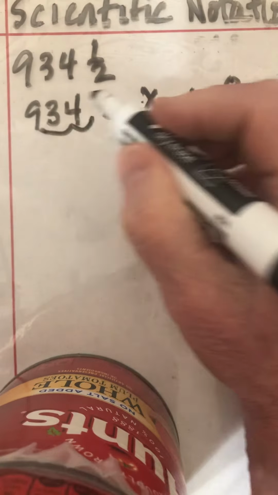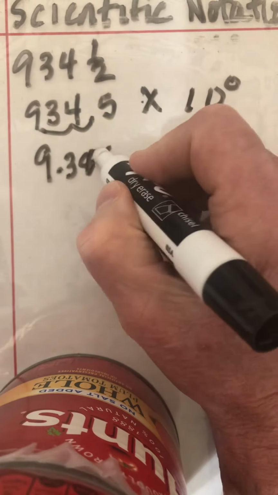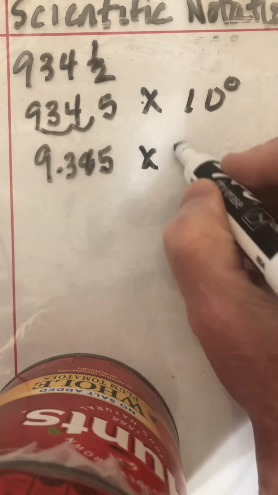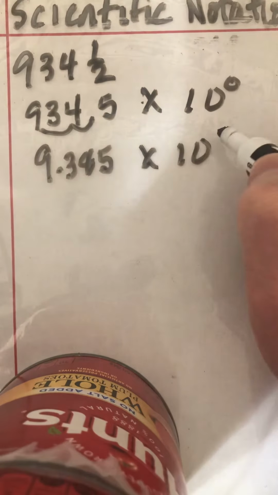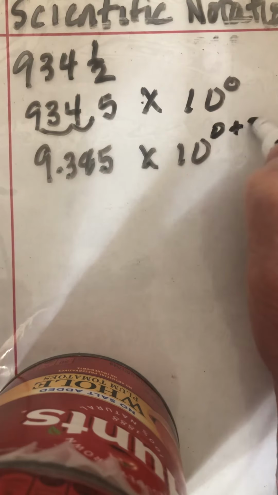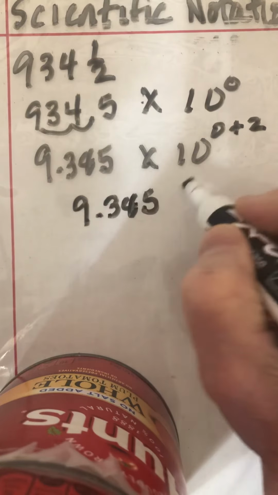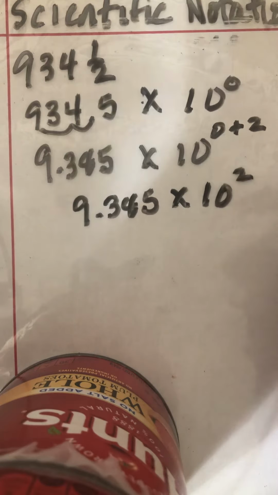Then I move my decimal point over 2 to get 9.345. And then once I move the decimal point over, I have to move my exponent in the opposite direction. So that'd be 0 plus 2, which would be 9.345 times 10 to the second.